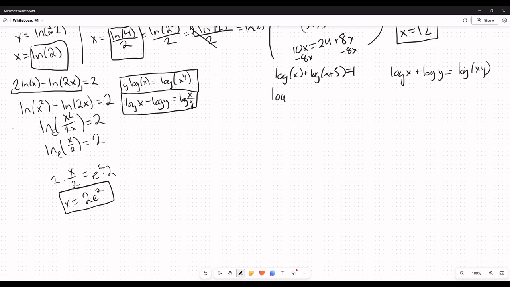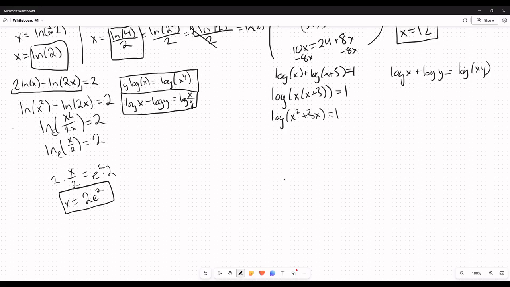So let's go ahead and rewrite this as log of x times x plus 3 equals 1. And I can do a little bit of distributing inside. I get log of x squared plus 3x equals 1.